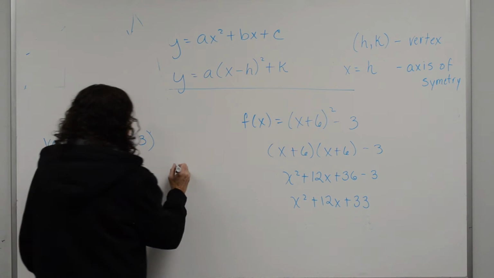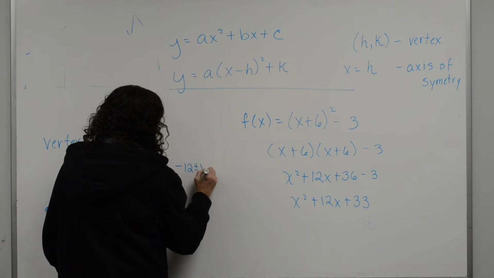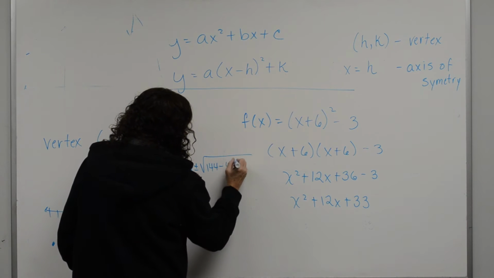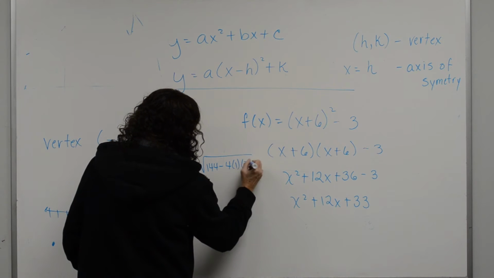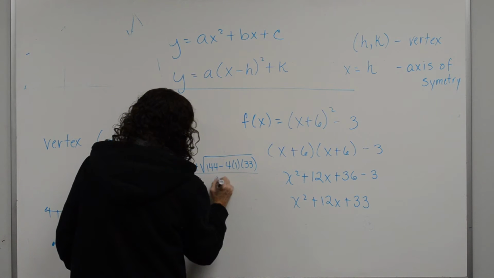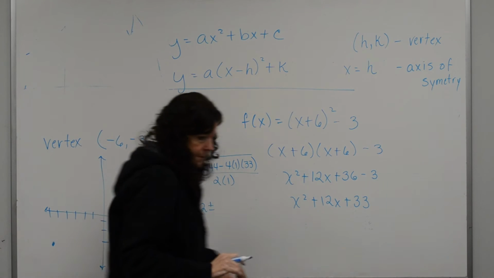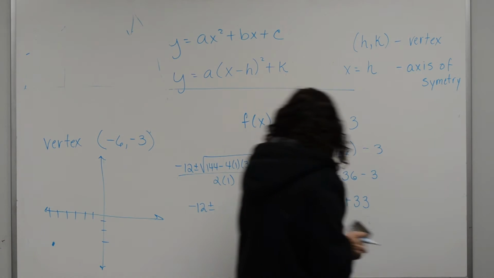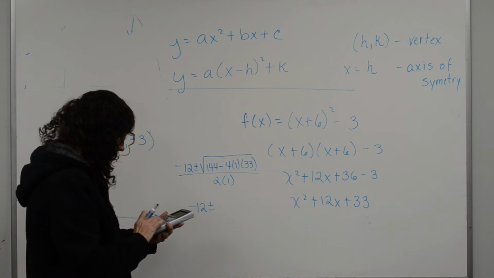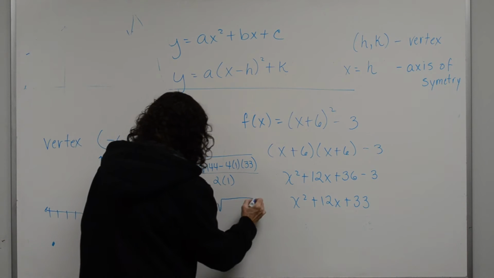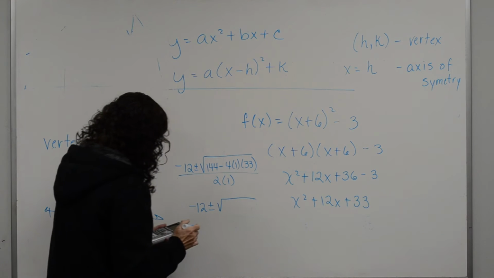Okay, quadratic formula, negative 12 plus or minus the square root of 144 minus 4 times 1 times 33 over 2 times 1. So negative 12 plus or minus, let's see here, what's 33 times 4? Okay, so 132.